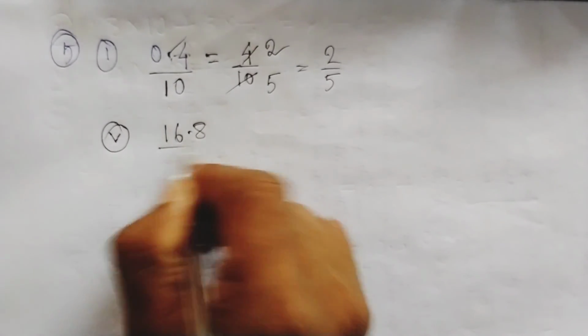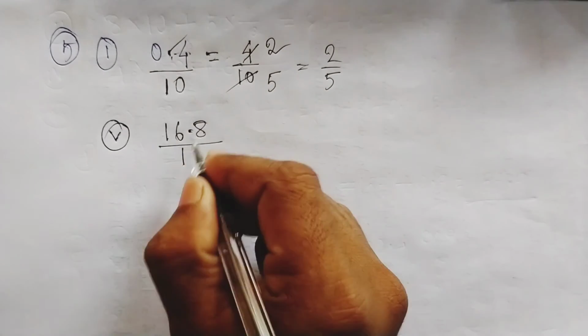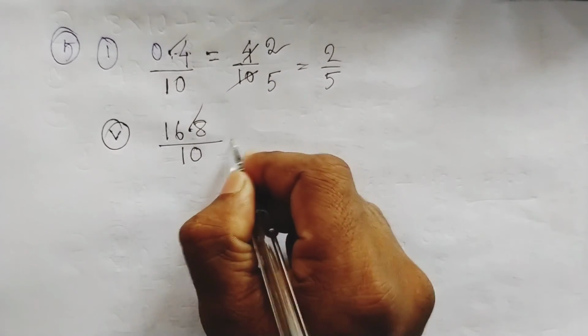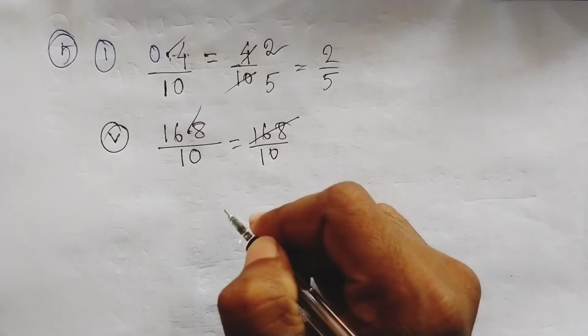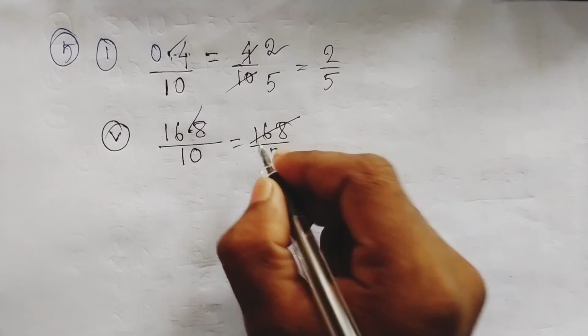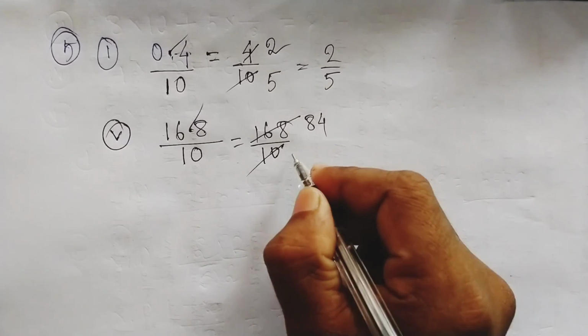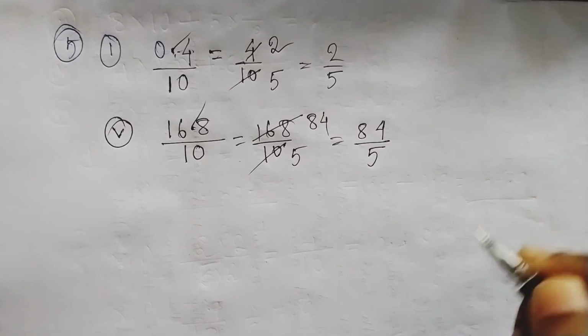So for the point, write here only 1, and after the point how many digits? Only 1 digit. So write here only 10. So now just simplify them by 2. If we divide 168 by 2, then we get 84. And if we divide 10 by 2, then we get 5. So our final answer is 84 by 5.